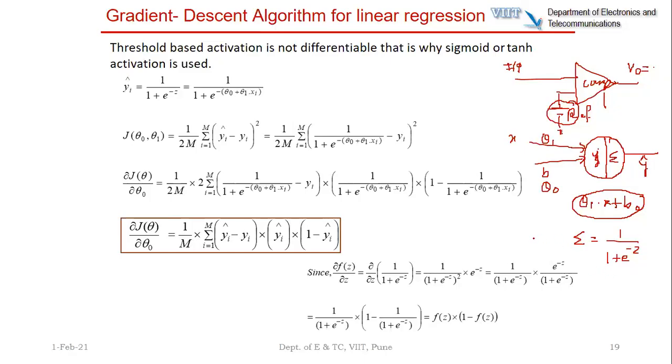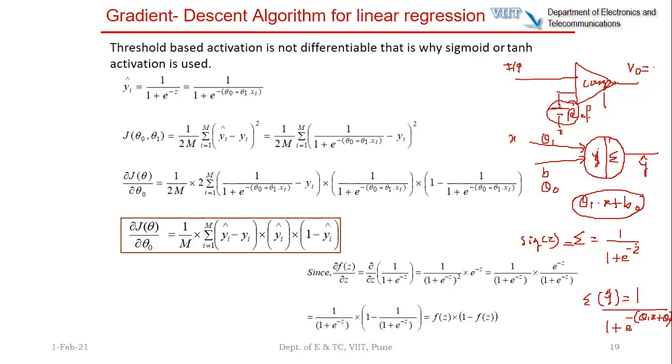So when I write sigmoid of z, it is this. So sigmoid of my equation y cap will be 1 upon 1 plus e raised to minus, in brackets, theta 1 x plus theta 0. Got this? So this is a sigmoid function. We'll talk about this a little later.